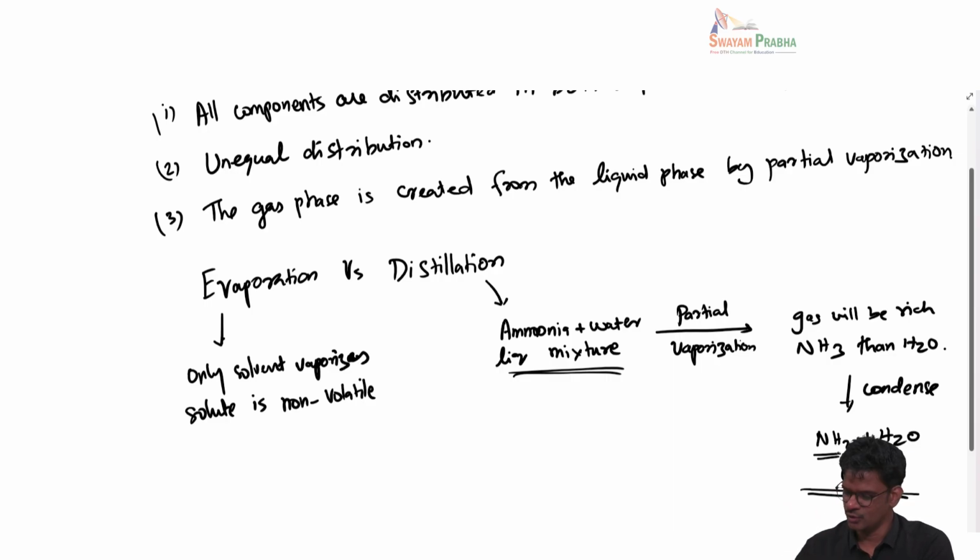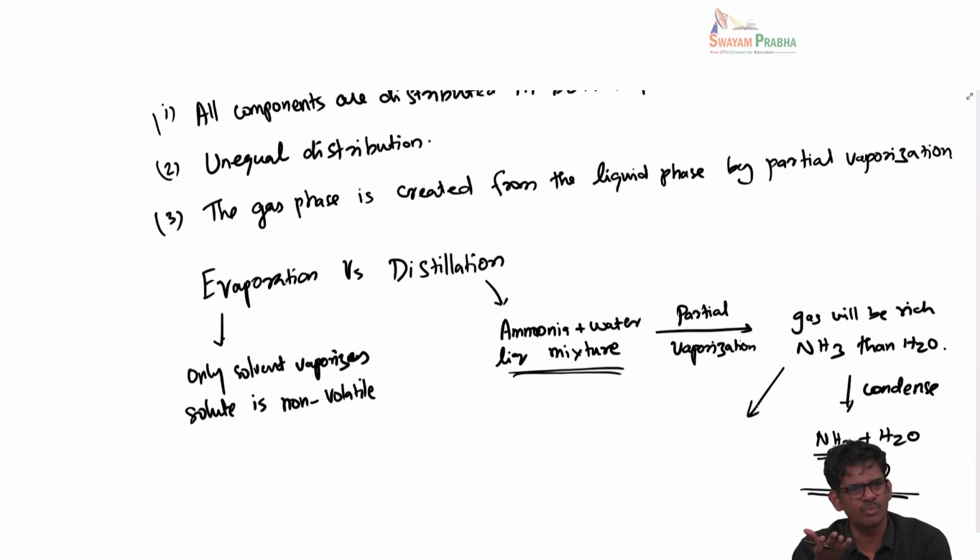Okay, so when you do the partial vaporization, you get gas, but there will also be some liquid present because you have done only partial vaporization. And if you look at the composition of that residue liquid, you will see that it would be lean in ammonia but rich in water. Okay, so you start with one liquid solution, you partially vaporize it, you get two fractions. One is a gas phase, another one a liquid phase.